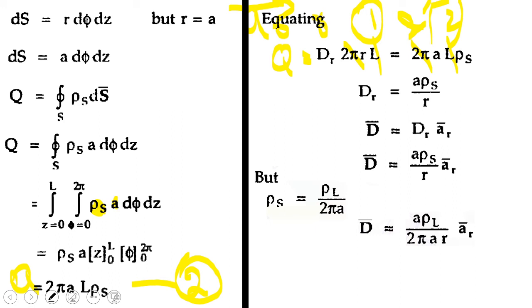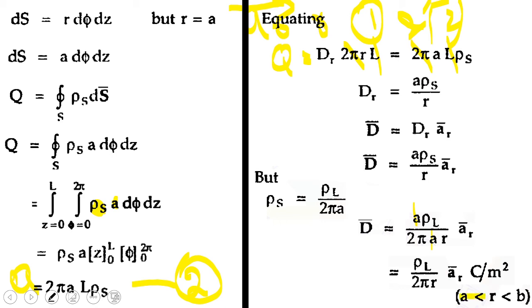Then what will be the value of E? Relation between D and E? D is equal to epsilon into E vector. So E will be equal to D divided by epsilon.